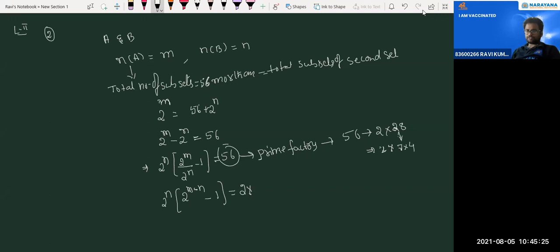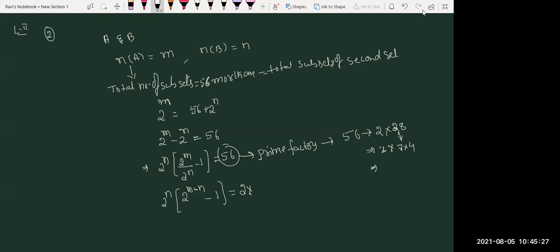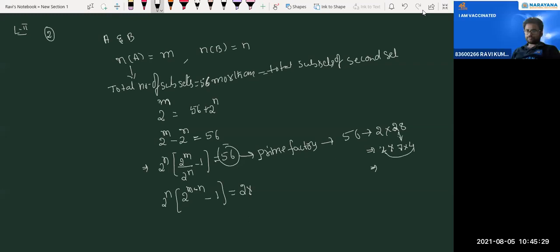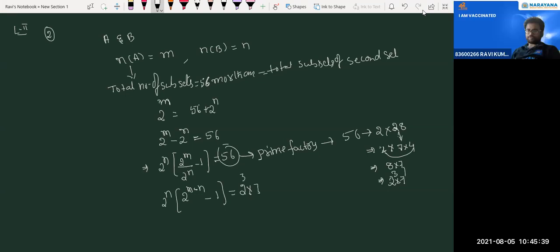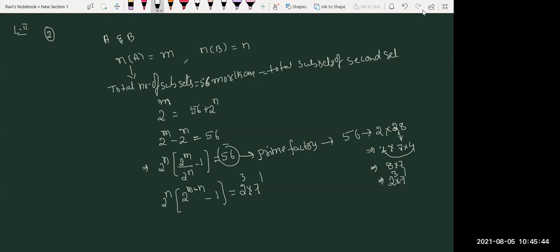This 2 into 4 is how much? 8. This 8 I'll write as 2 cube, or not. Means 2 cube into 7 power 1. Both 2 and 7 are prime numbers, or not. We wrote 2 cube into 7.